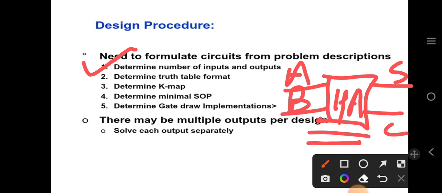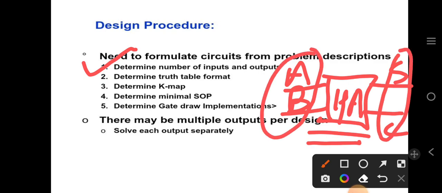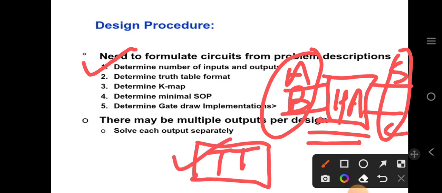Now the second stage is to determine the truth table format. From all the combinations of the inputs and outputs, we can draw the truth table. The third stage is to determine the K-map.